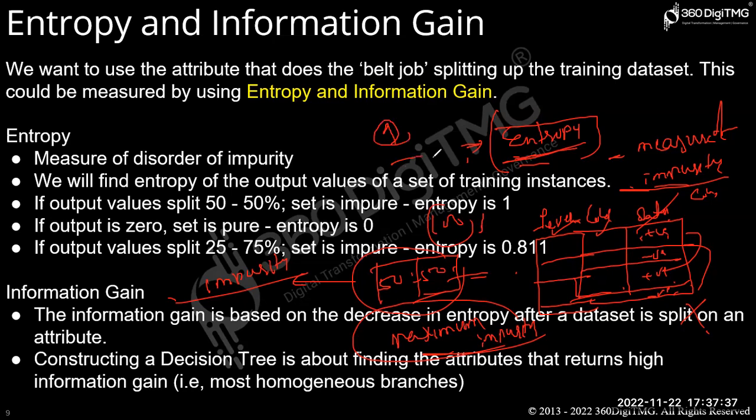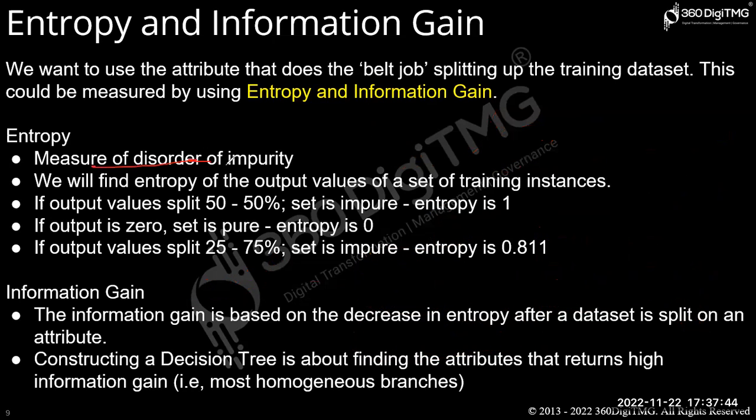That is 1, so we will represent it as 1. When you have a measure of disorder, we will be calling it impurity, that is, entropy. We will find the entropy of the output values of the set of training instances. If the output value is split 50-50%, the set is impure. So we will have maximum impurity, that is entropy. How much is it? 1.